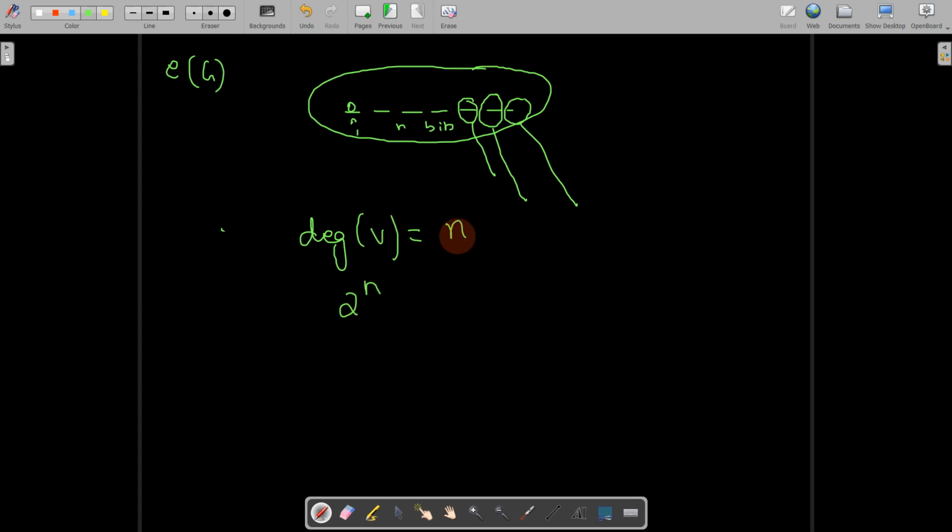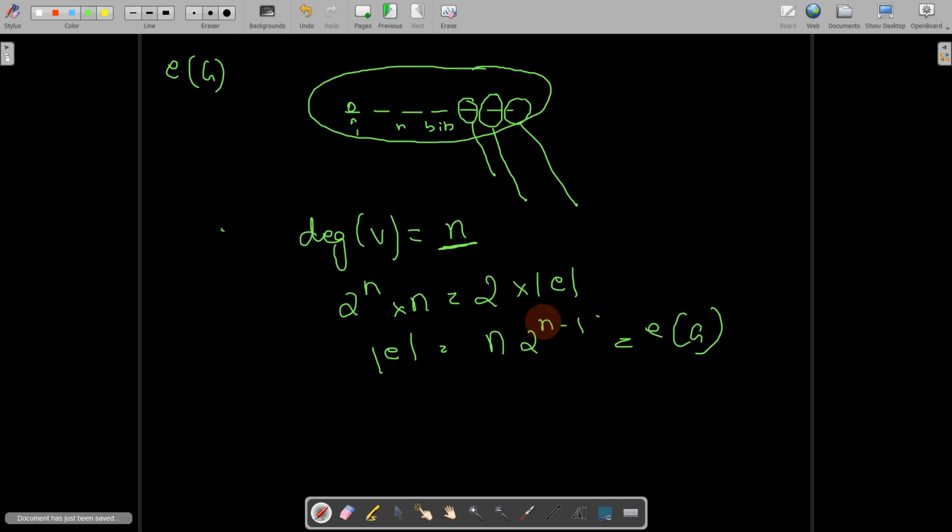And each of the nodes has degree n, so we add n, 2 power n times, that is the sum of all the degrees. This is equal to twice the number of edges in the graph. So the number of edges would become n into 2 power n minus 1. This is equal to the edges of graph G.